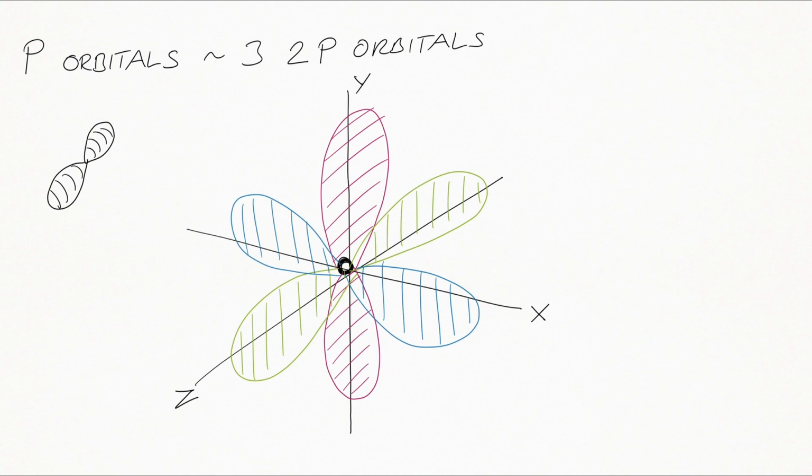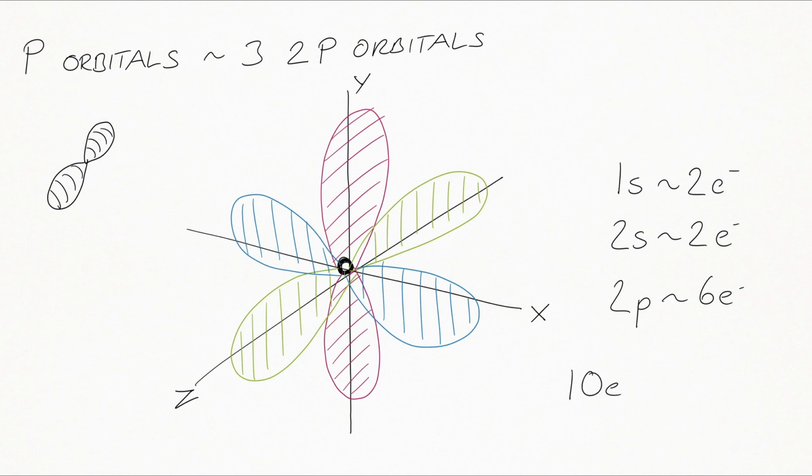Okay, let's try and work it out. In 1s, we have 2 electrons. In 2s, we also have 2 electrons. And 2p, we have 6 electrons. That gives us a total of 10 electrons, and that gives us the element of neon.